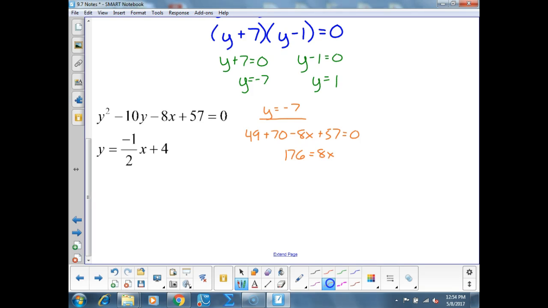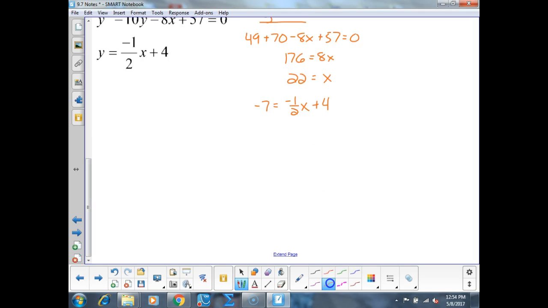So that's 22. Yes? Okay. Then in the other one, negative 7 is going to equal negative 1/2 x plus 4.